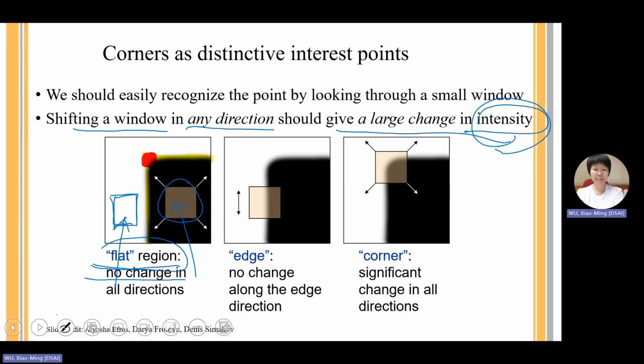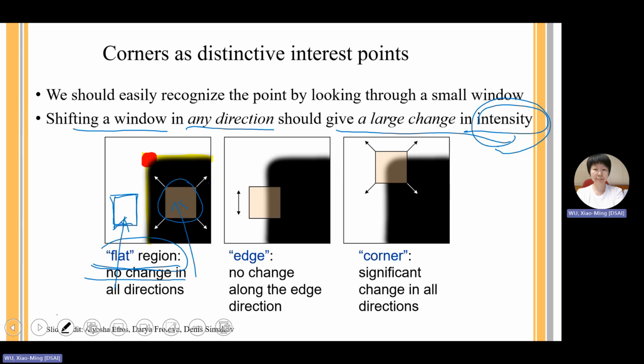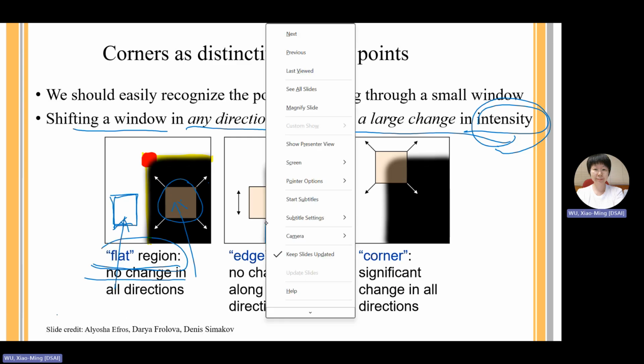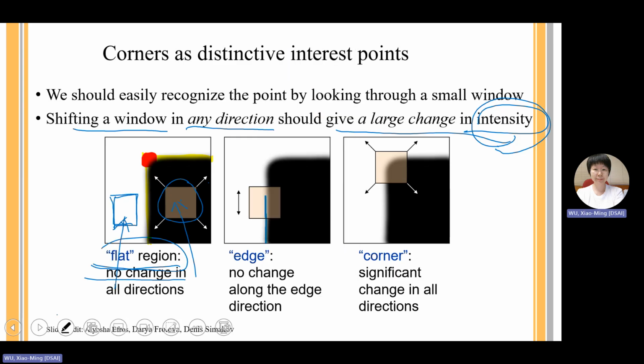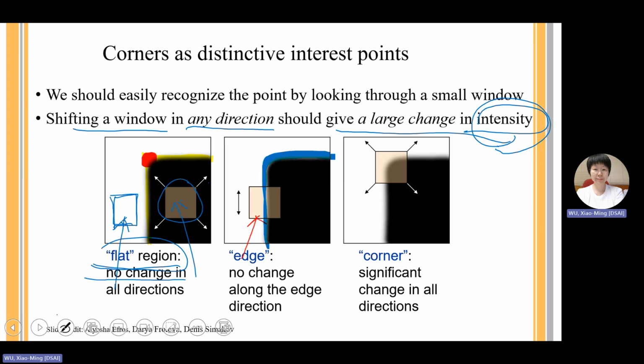However, if we slide a window along the edge, what will happen? If we slide this window along the vertical edge, is there any change in intensity?